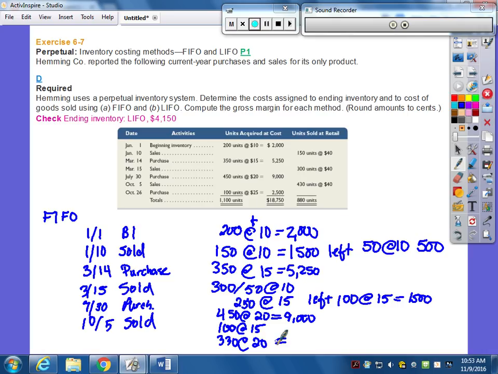You only took 330 from 450, so you have 120 left at $20, which equals what?